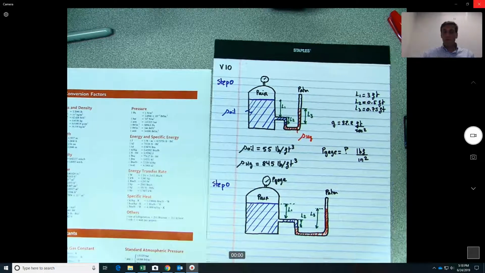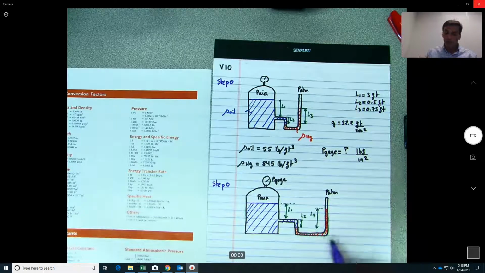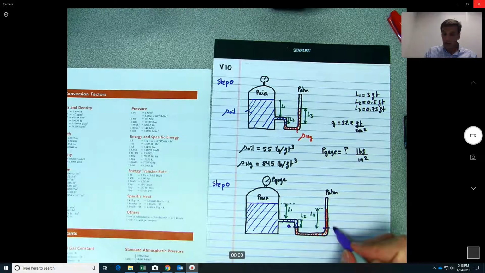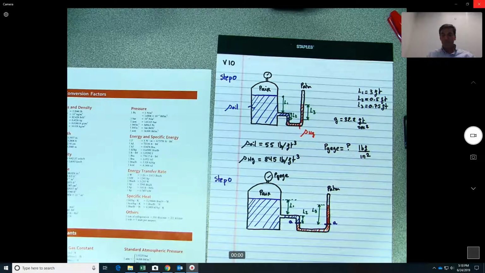Okay, so remember that the trick in all these problems about manometers is to recognize that within a fluid, the pressure at this point over here within the orange fluid, let's call it A, will be the same as the pressure within the orange fluid at the same level, at the same height. So the pressure here should also be equal to PA.